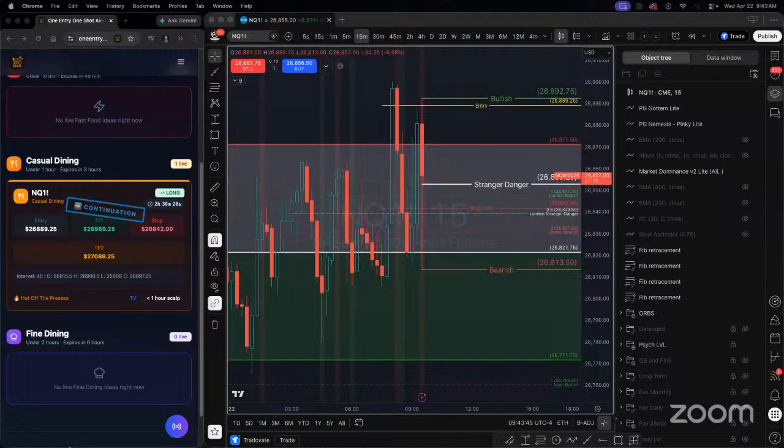Very interesting. It's almost like the market is trying its best to sell all this price movement, and it just keeps on trying to push up.